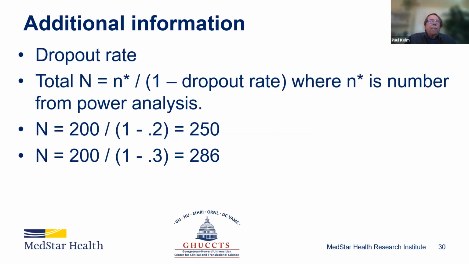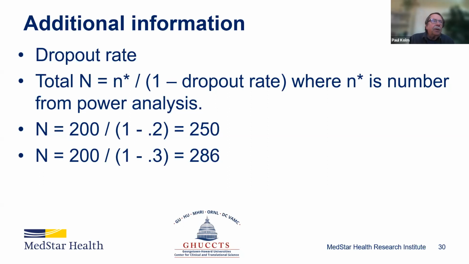So it's an easy calculation to determine how many patients we need, assuming a particular dropout rate. The total number we would need is just the number calculated from our power analysis divided by 1 minus the dropout rate.